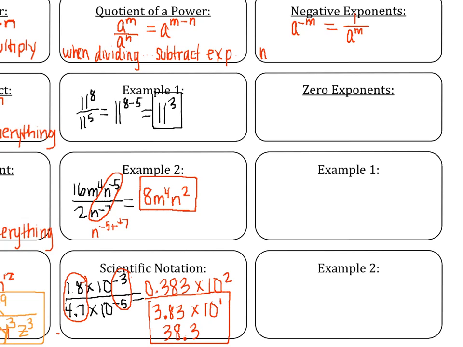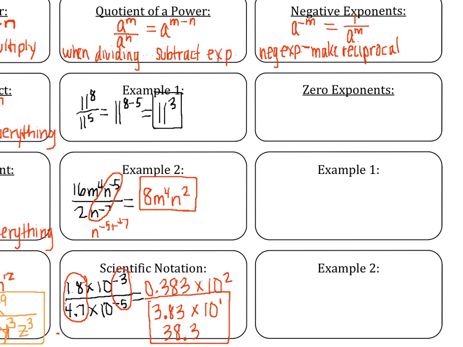So for a negative exponent, we're going to make the reciprocal. And you know, because we've talked about reciprocals, a reciprocal, you flip the top and the bottom. So that's what we're really doing.